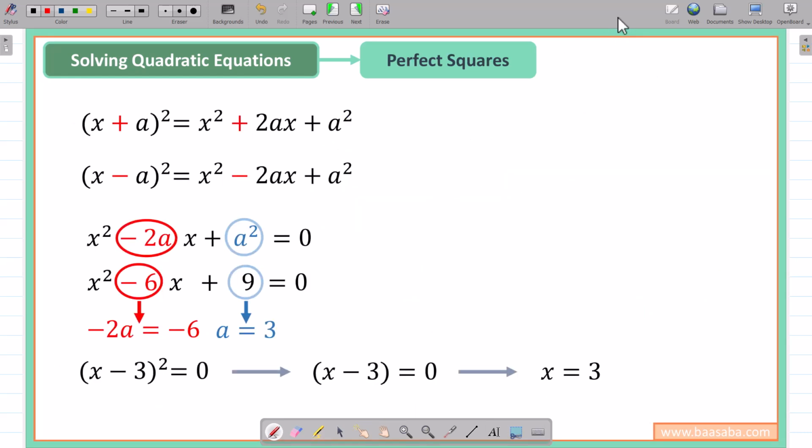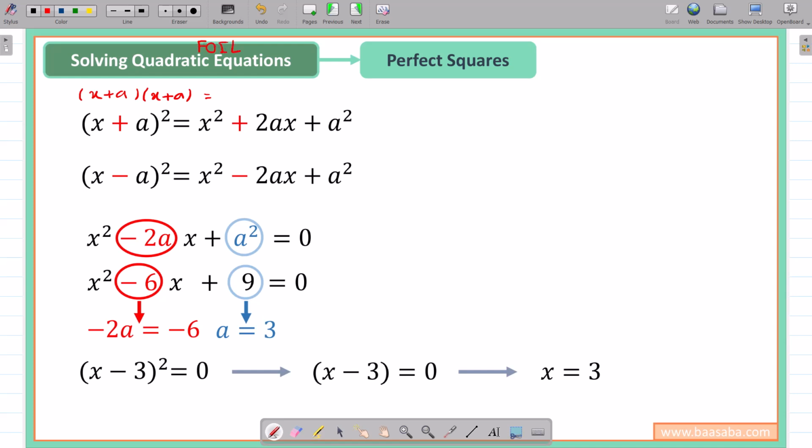The first identity that we want to learn how to use is perfect squares. As you can see here, we have a linear expression to the power of 2. We can write it in the general way by just multiplying these two factors together. Okay, we can use the FOIL method.